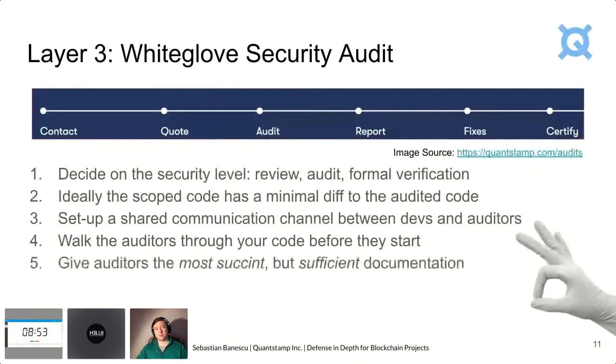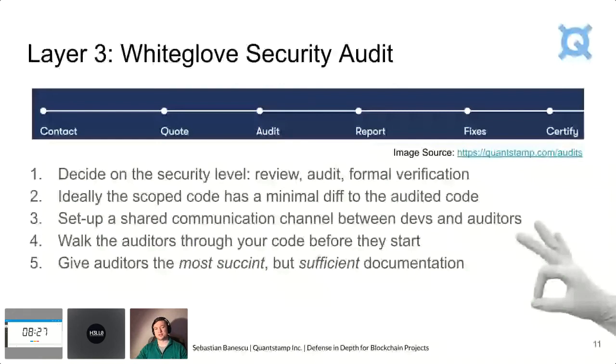Well, this is really important, relates to one of the first things I mentioned in the presentation, the documentation. You should give auditors the most succinct, so the shortest but sufficient documentation. We've had projects which gave us tons of papers they published, websites, multiple websites, community documentation, internal documentation, and so on, right?